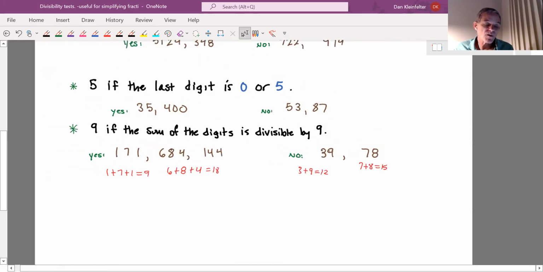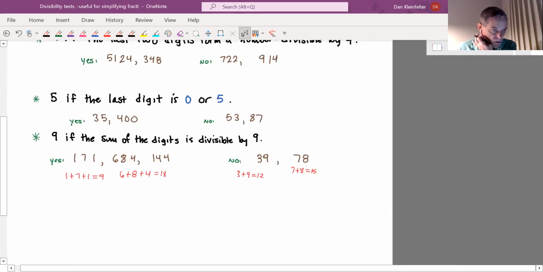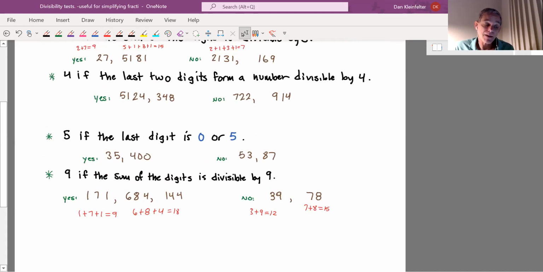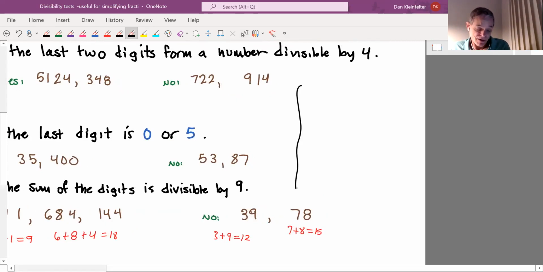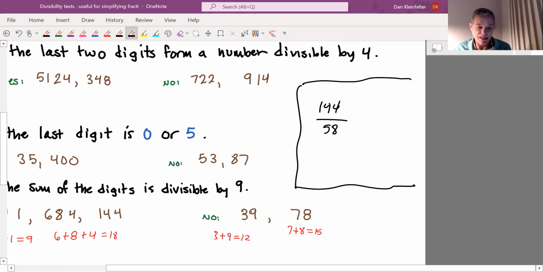Okay, so the usefulness of these tests, what are they for? Why bother? In part just because they're kind of neat, and in part because you can use them to help you simplify fractions sometimes. So for example, we're not doing fraction simplifying now, but let's just say we were. If you wanted to know if the fraction 144/58, I just made that up, simplifies or not, one of the things we would need to know is what are the common factors between 144 and 58.